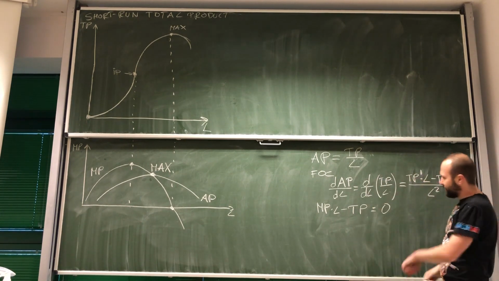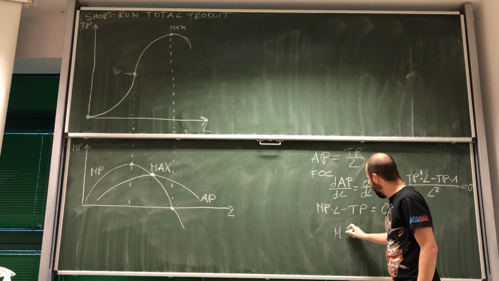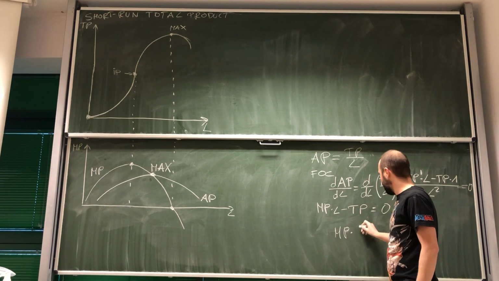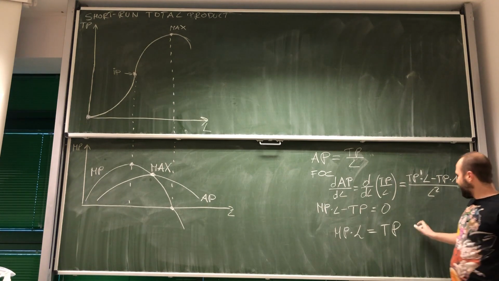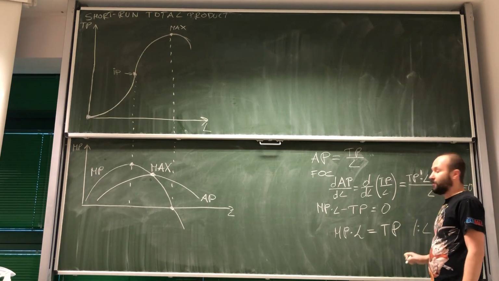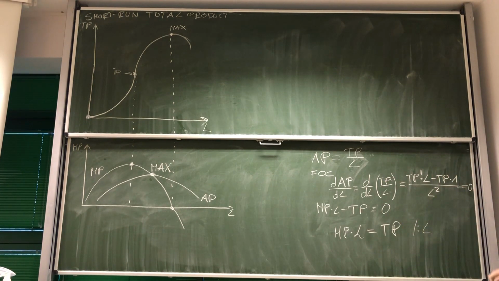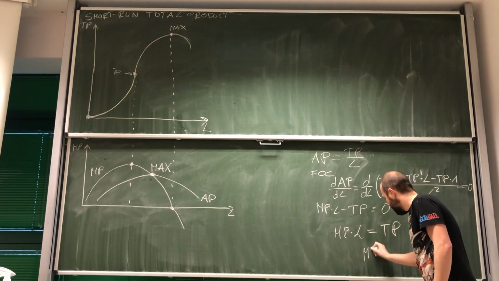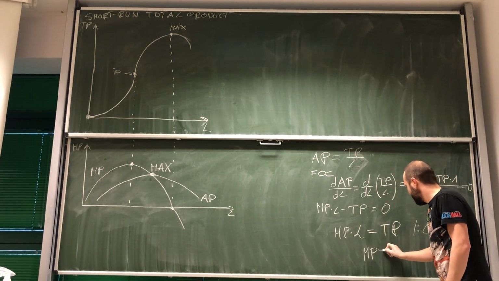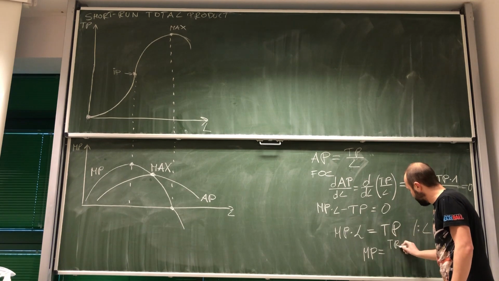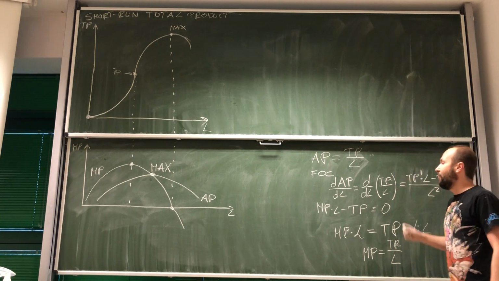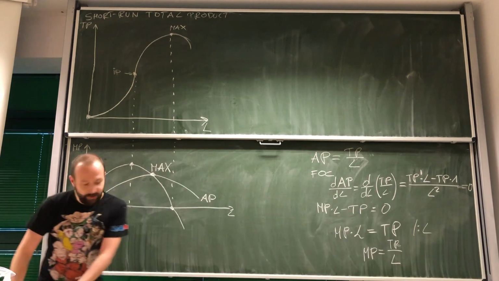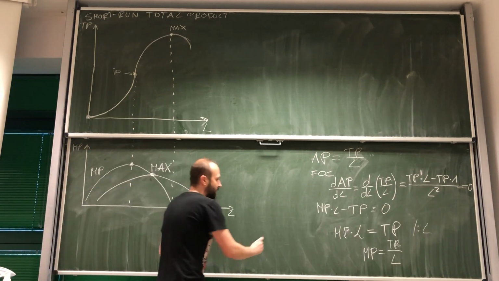But let's make it even more simple. We've got that MP, marginal product times labor, is equal to total product. Or, if I divide both sides by L, which we assumed is different than 0, we get that marginal product is equal to total product over labor, or what is the result that we wanted to get?